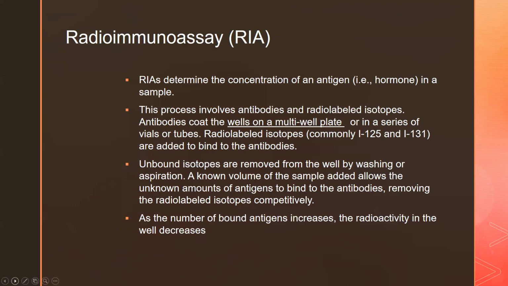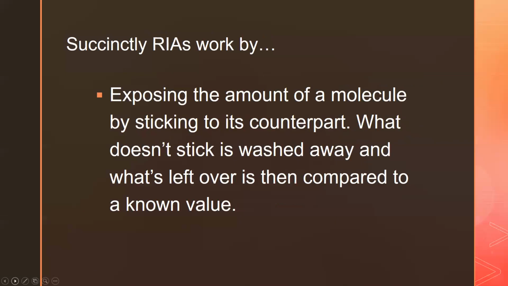As the number of bound antigens increases, the radioactivity in the well decreases. Succinctly, it's measuring the amount of a molecule by sticking it to its counterpart, and what doesn't stick is washed away, and what's left over is what we compare to a known value.